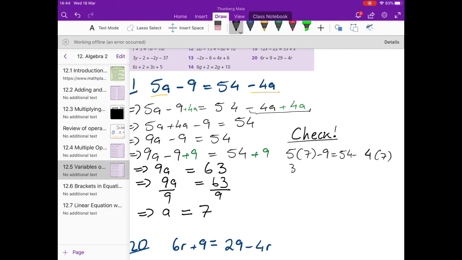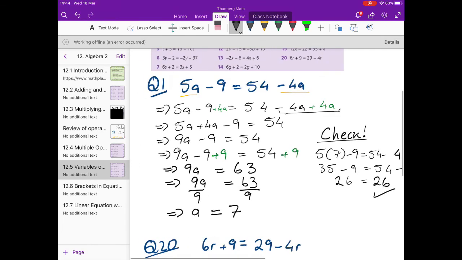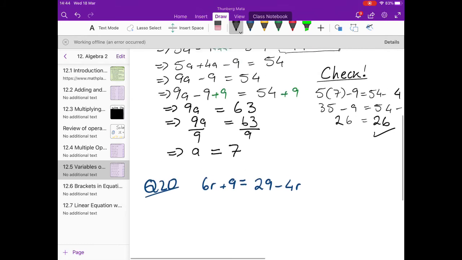So now I have 5 sevens are 35, take away 9 is equal to 54, minus 4 times 7 is minus 28, so 35 minus 9 will leave me at 46. Oh wait, no it won't, that'll leave me at 26, my bad. And 54 minus 28 will also leave me at 26, so that's true, so I know that's done and dusted. Then the next question up.